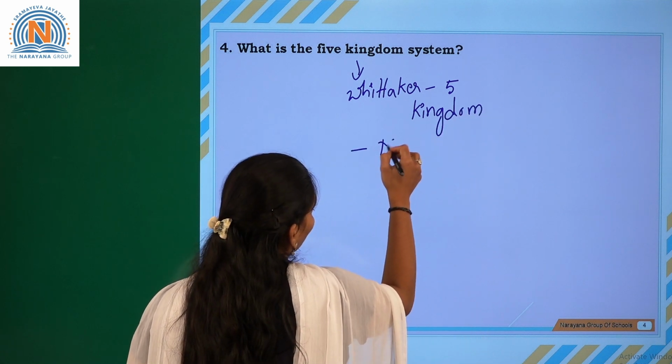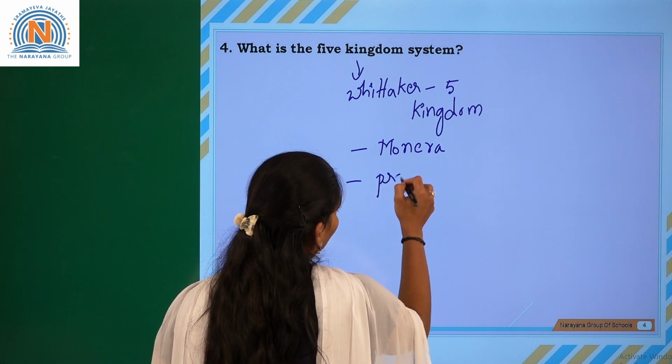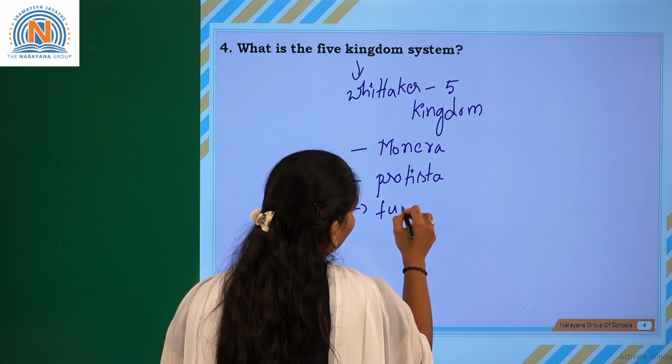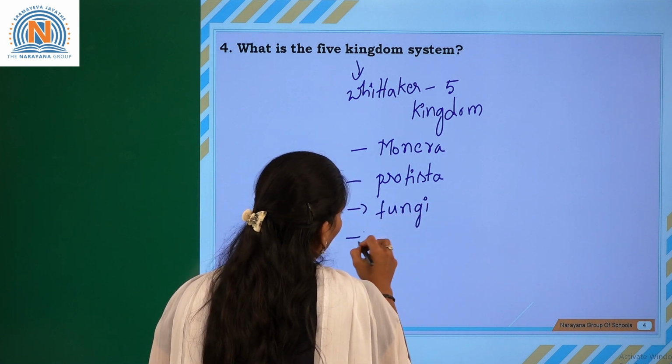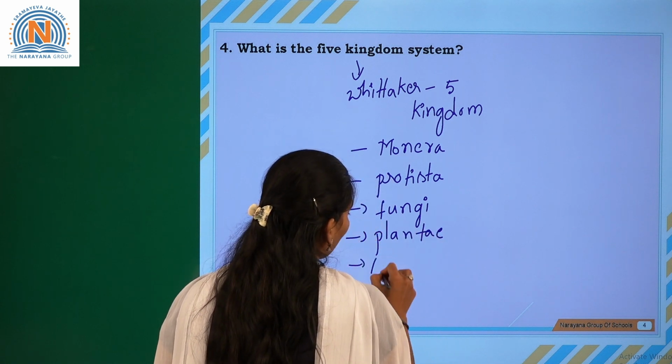The first one is Monera, Protista, fungi, plantae, animalia.